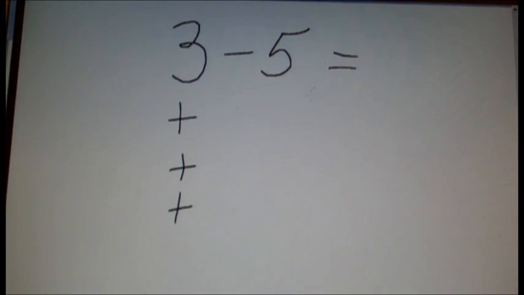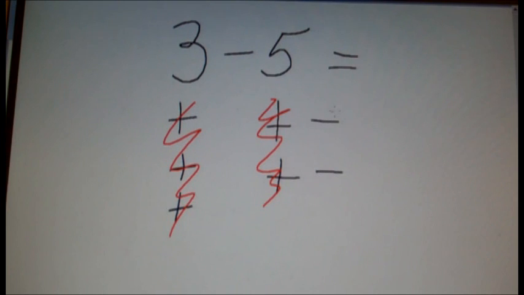Let's think. That's where zero pairs come in. We include 2 sets of zero pairs, so we have enough positive signs to subtract or take away 5 positive signs. Remember, zero pairs do not change the value of the equation. Our answer is negative 2 because we have 2 negative signs left.